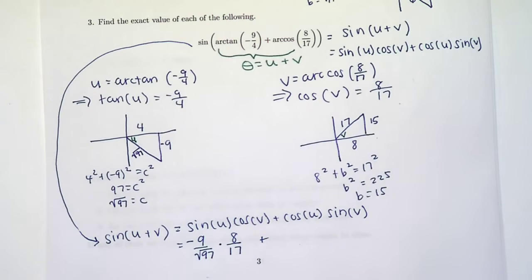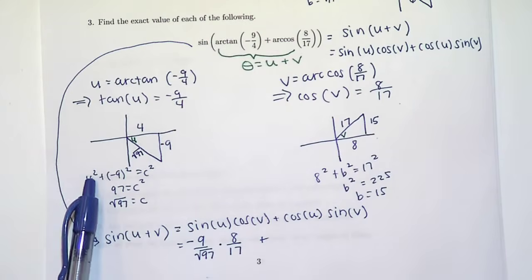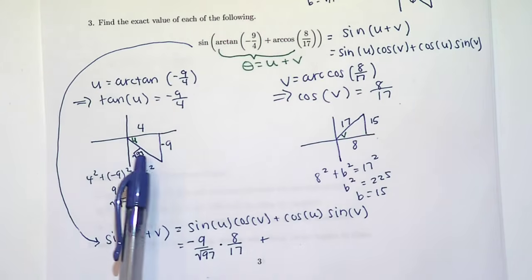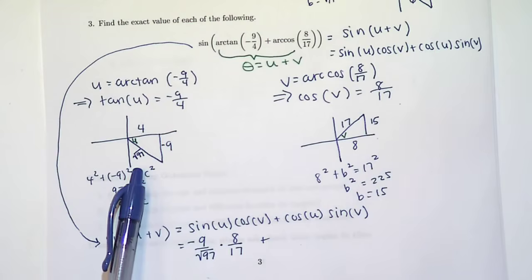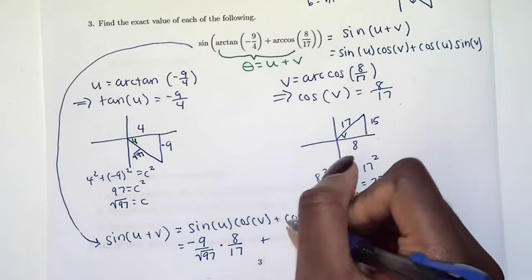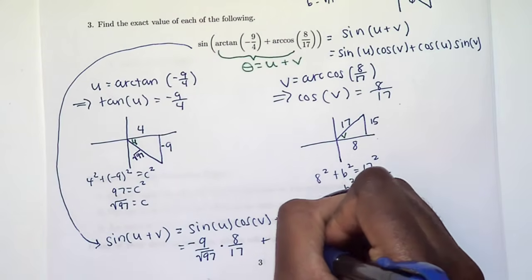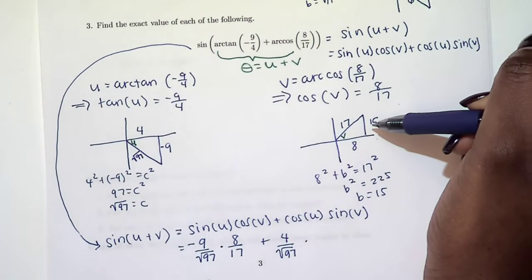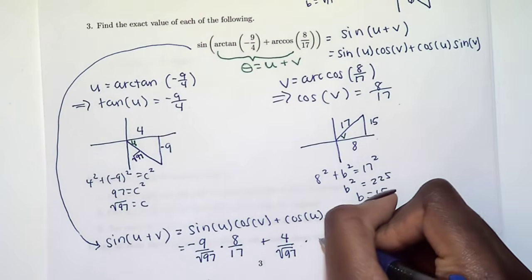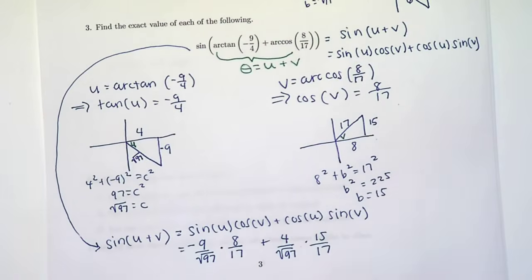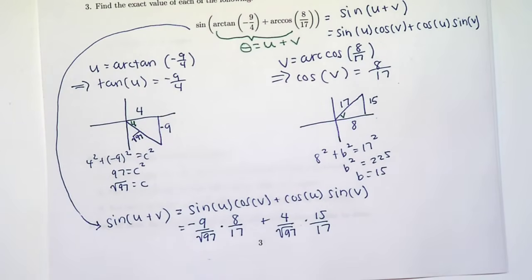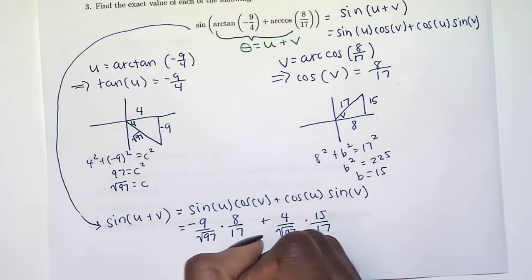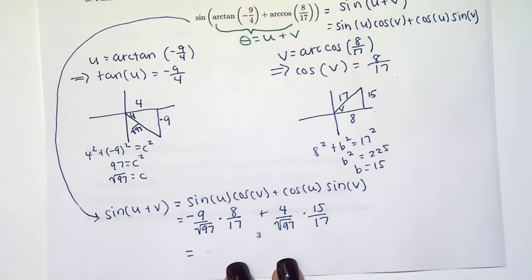Cosine of U, that means we need to go back to our triangle with U in it. Cosine is 4 over root 97. In the fourth quadrant, cosine is positive, so this should be positive. Sine of V, we're going back over here to V, opposite over hypotenuse, should be positive because we're in the first quadrant. Now we just multiply across.